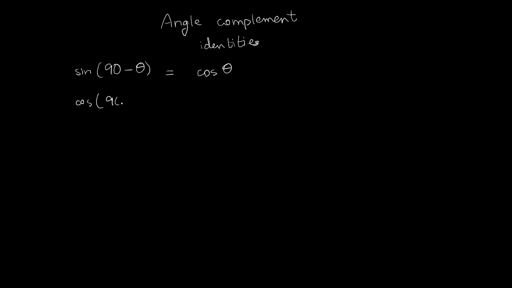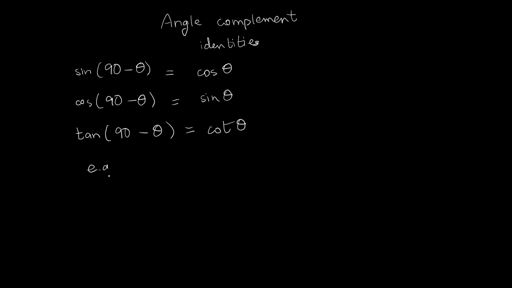Similarly, cos of 90 minus theta is sine theta. So you can see that after 90 minus theta, the sine converts to cosine and vice versa. And also the tangent converts to cotangent.